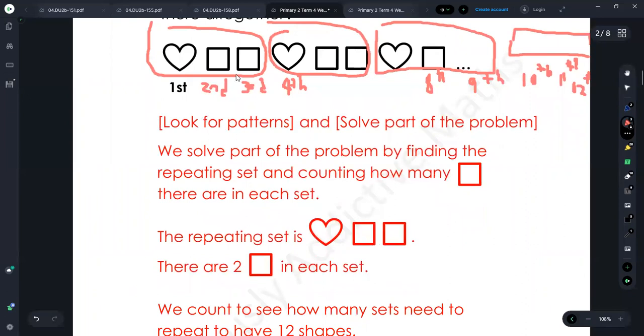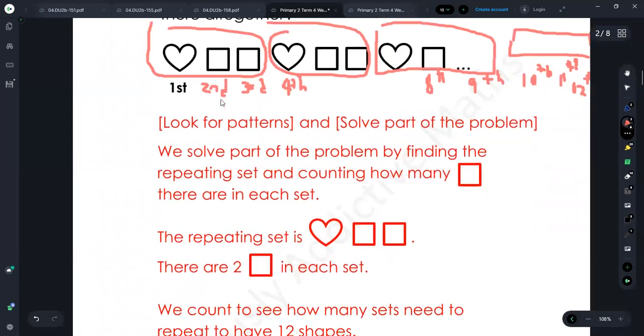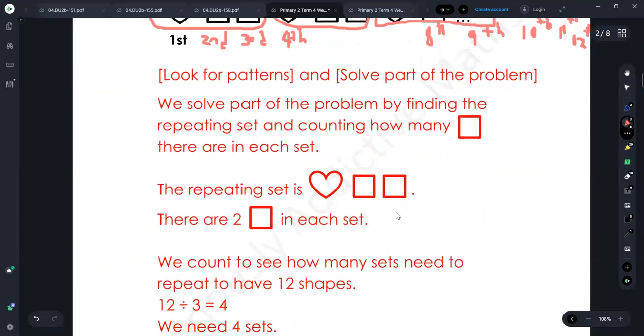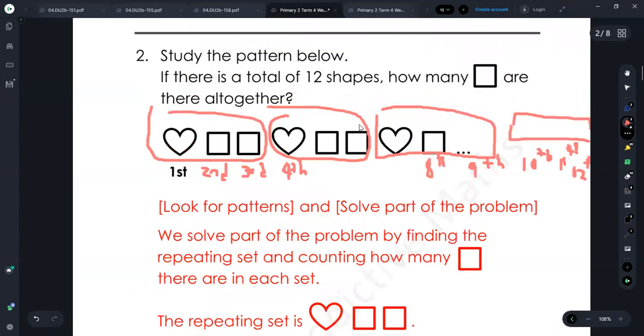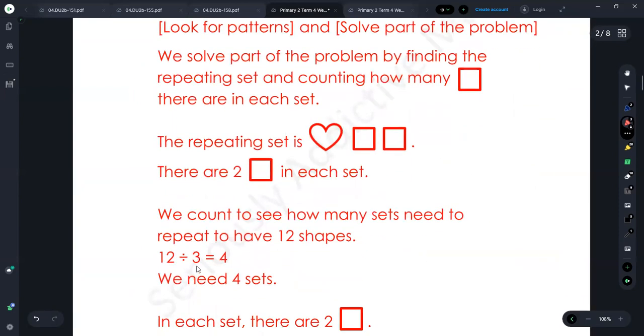So the P3 way: we pick it up from here when they know that there are 3 shapes in a repeating group. They need to count how many sets or groups there are to have 12 shapes. The total is 12 shapes, with 3 in each group, so it's 12 divided by 3.